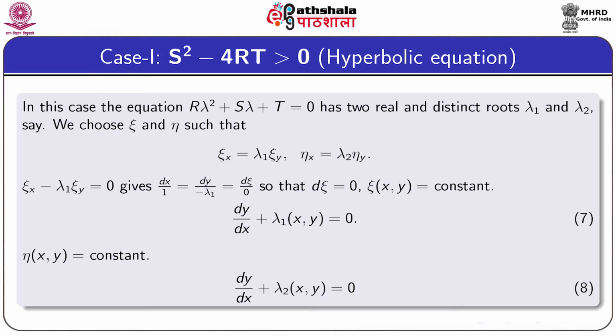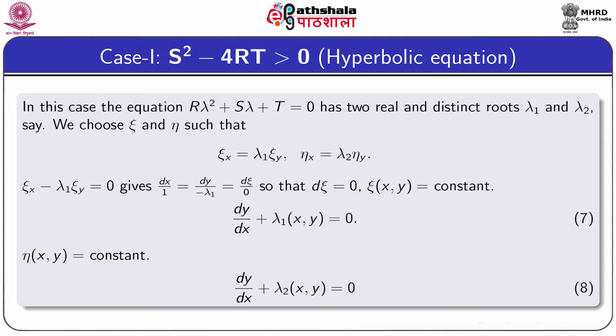Now, I shall discuss 3 cases separately. First, I am taking the hyperbolic case, that means when s square minus 4 RT is greater than 0. In this case, we think about the equation r lambda square plus s lambda plus t equals 0.